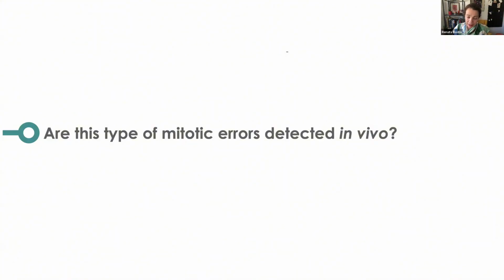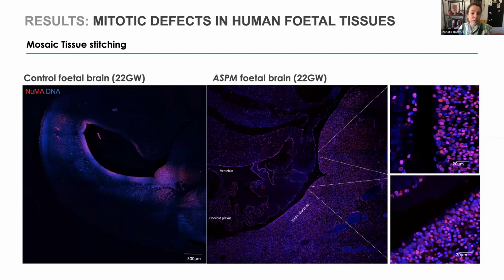And so Sandrine actually took the challenge of now working with fetal brain, and these are actually massive tissue structures, for which we can use dedicated mosaic tissue stitching to basically take, at low magnification, fields of view of both control and ASPM fetal brains, and then at higher magnification, by identifying the zone, the region where we are in the brain, we can characterize mitosis.